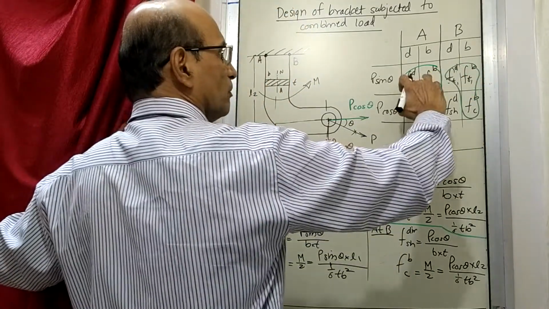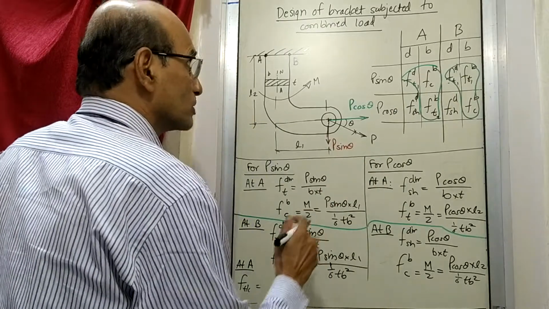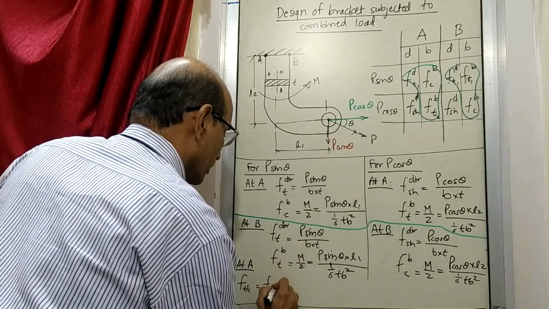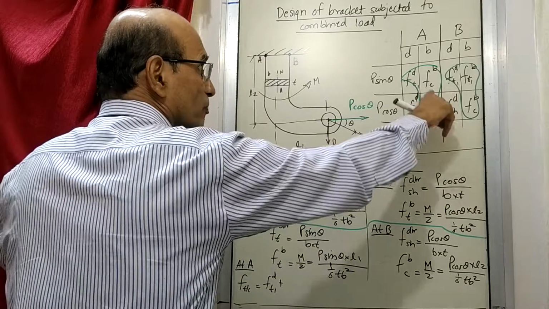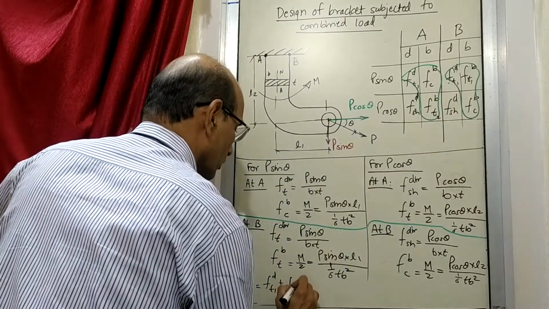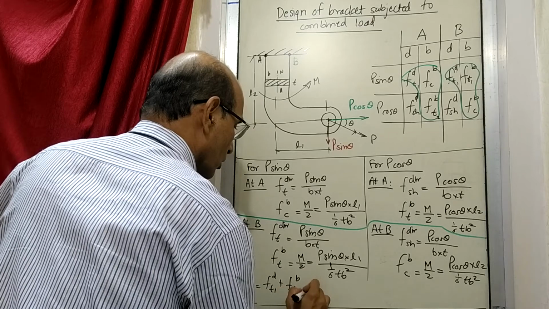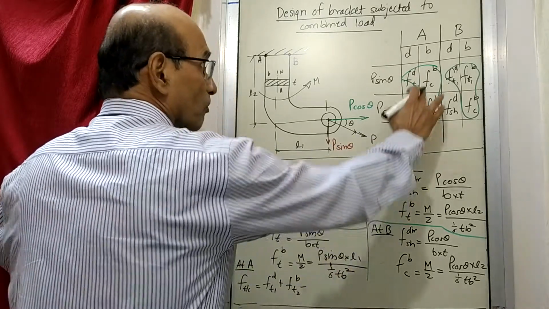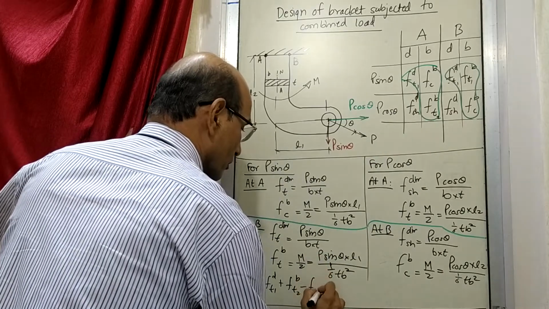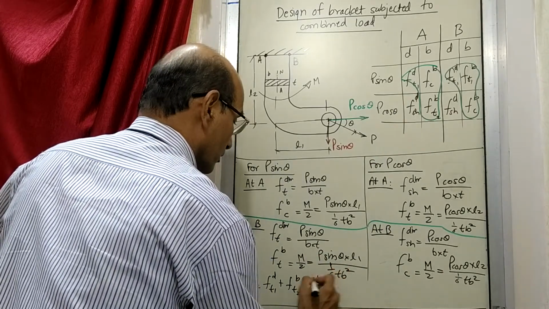For P sin theta, I will make it T1. So just as a notation, it will be FT1 direct plus FT2 bending minus FC bending.